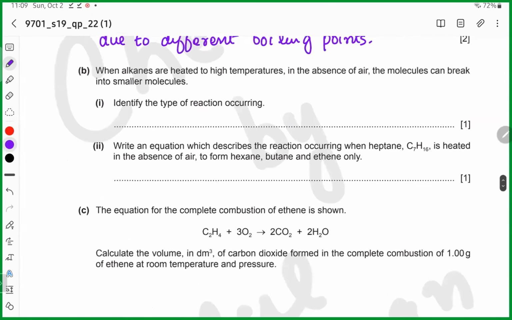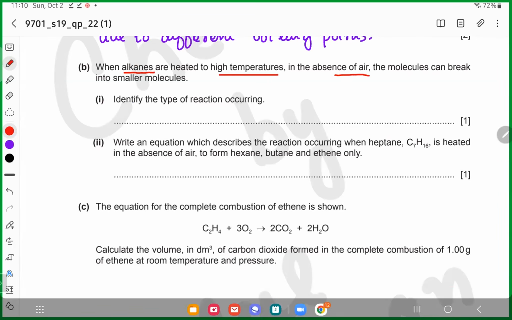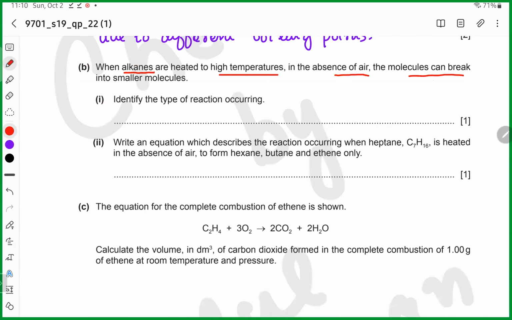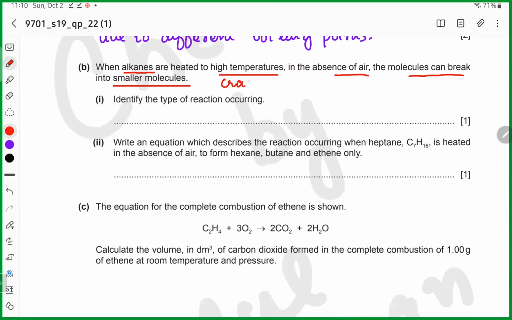Now the B part. When alkanes are heated to high temperatures, in the absence of air, the molecules can break into smaller molecules, and if you recall, this is called cracking.